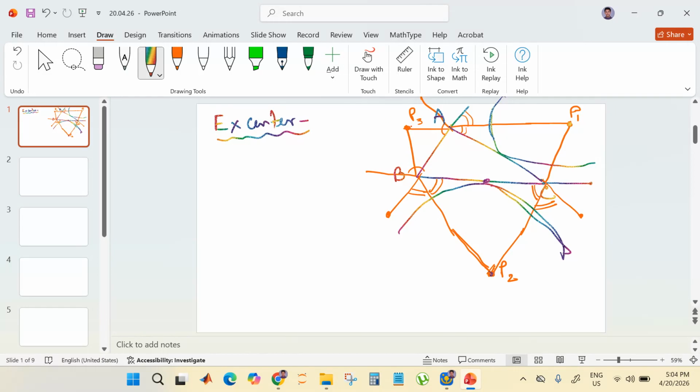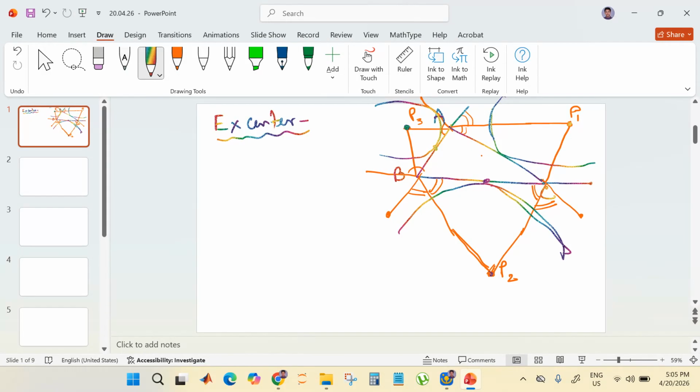Similarly, if I draw a circle taking P3 as a center, then it will touch a point on AB. So this is the significance of the three excenters P1, P2, P3.